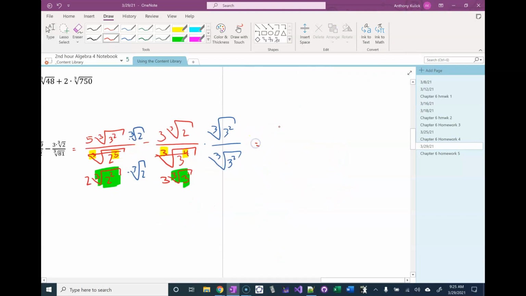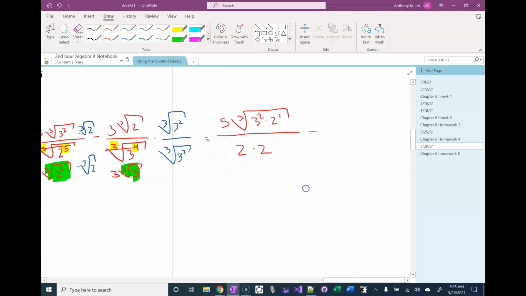So when I do that, I have 5 cube root 3 squared times 2 to the first over 2 times 2, minus 3 cube root 2 to the first times 3 squared over 3 times 3.